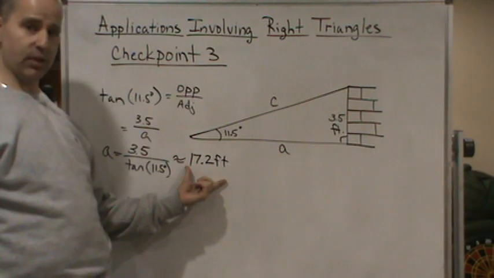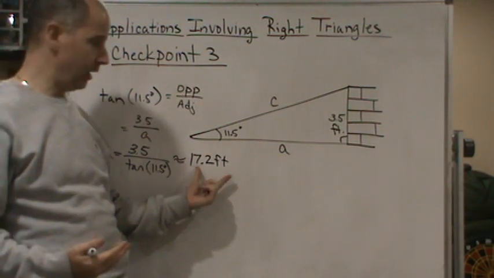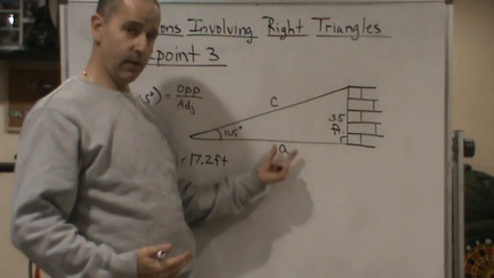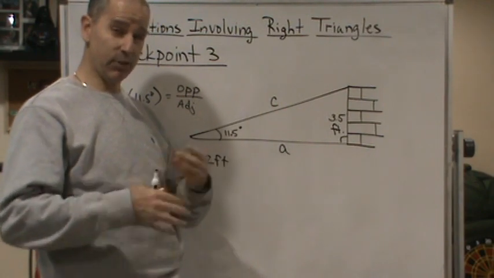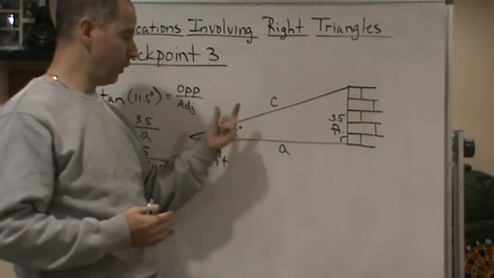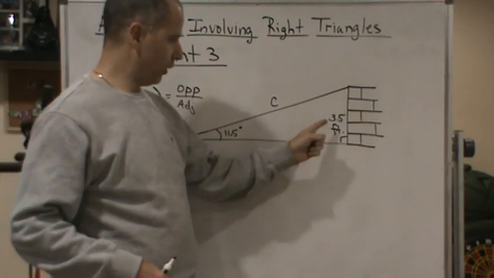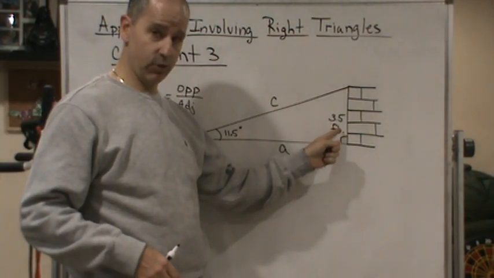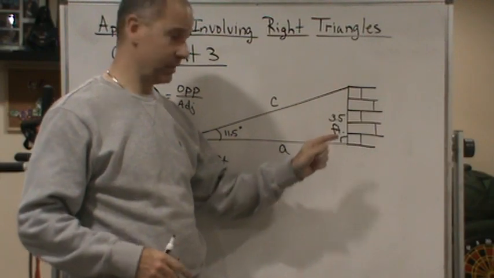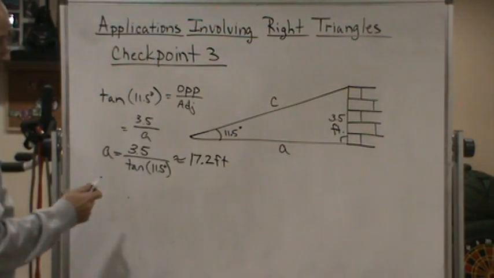But in this case, it's an approximate, so there's some error. If we use this one to find C, then we'll have some error, and if we're approximating C, we'll have even more round off error. So we're going to use the original value given to us because it's exact. So 3.5.